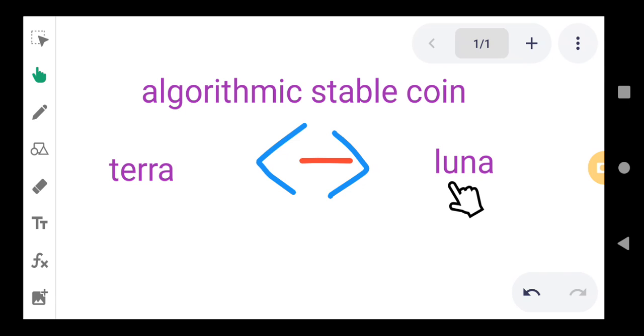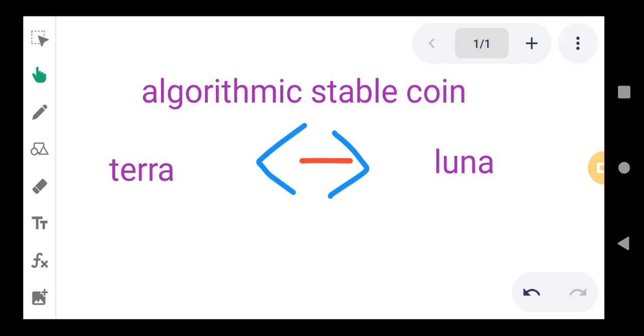So the $1 worth of Luna may not be worth $1 in the next few minutes, which means a downward pressure on the price of Luna. So in theory, whenever you can make an arbitrage profit between Terra and Luna, there is an upward pressure on Terra and a downward pressure on Luna, and eventually the arbitrage profit of 5 cents will disappear.